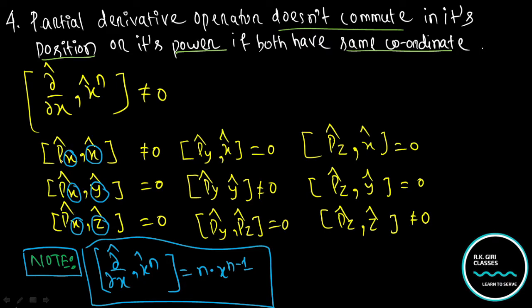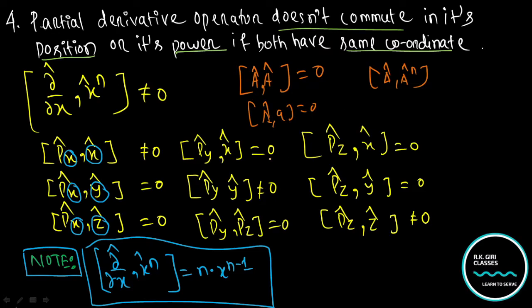We have already studied that when the value will be 0, that means they commute with each other. This was the first case. And if you have a constant, or two multiplication operators, then they both will commute.